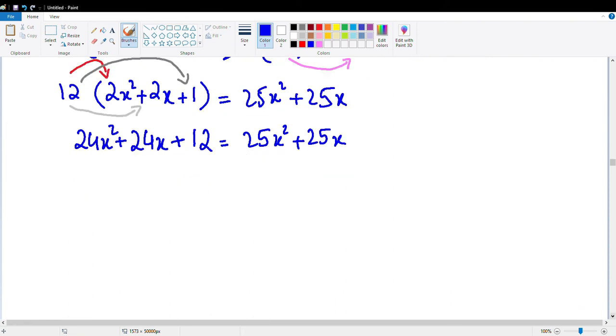And now you can see that the x squared which has its coefficient as 25 is bigger than the one that has its coefficient as 24, right? So that means that the 24x squared and all the terms on the 24x squared side have to move to the 25x squared side before we can solve using any method.